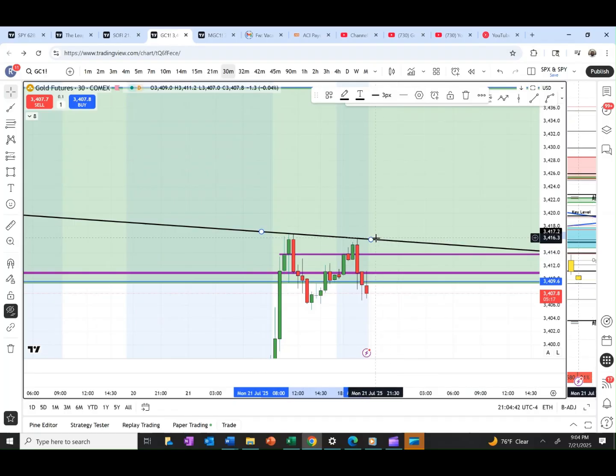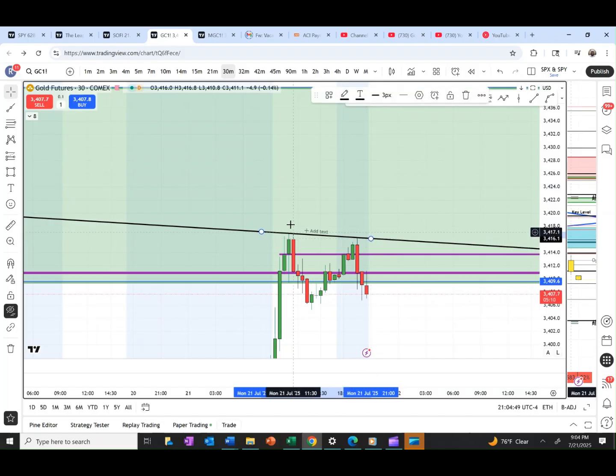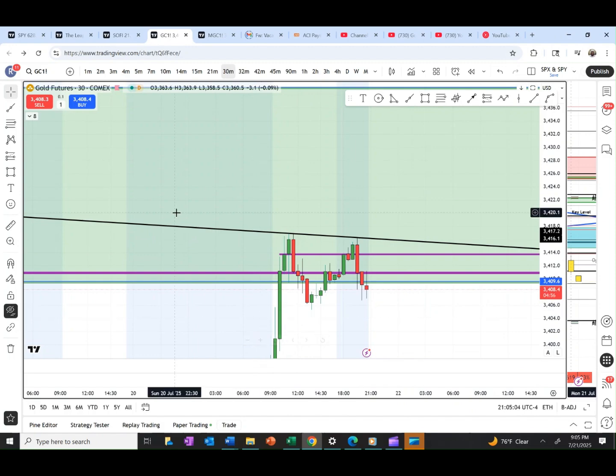It's not as steep in terms of a trend line, but it's a trend line nonetheless that's created off of a swing high here and then a lower high or another swing high over here that's lower than this, right? So that gives us our reference point.